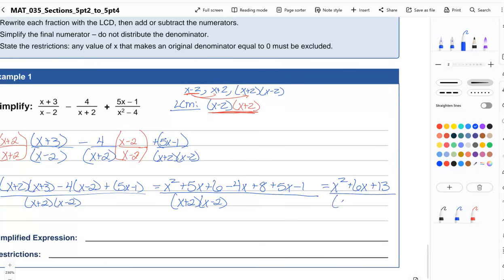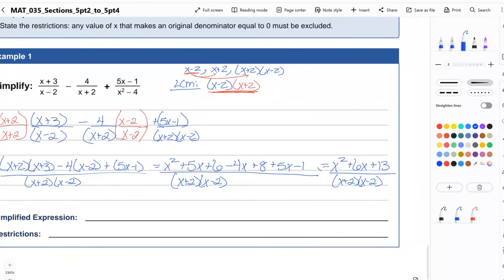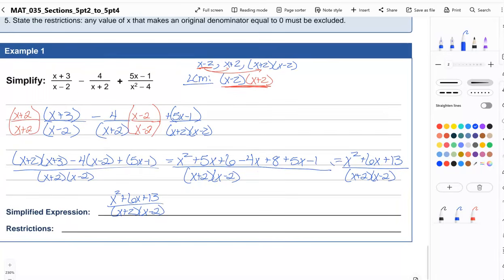All of that's over the x plus 2, x minus 2. This guy is not going to factor, so there's my final answer. It's going to be x squared plus 6x plus 13 over x plus 2, x minus 2. If I want to think about restrictions here, what kind of things can I not plug in? I can't plug in a 2 or a negative 2. So x cannot be equal to 2 or negative 2.